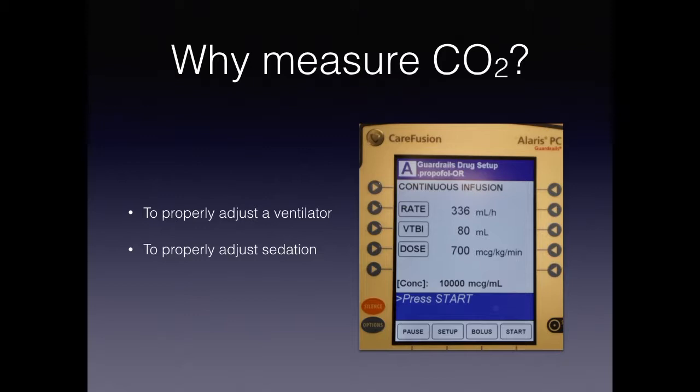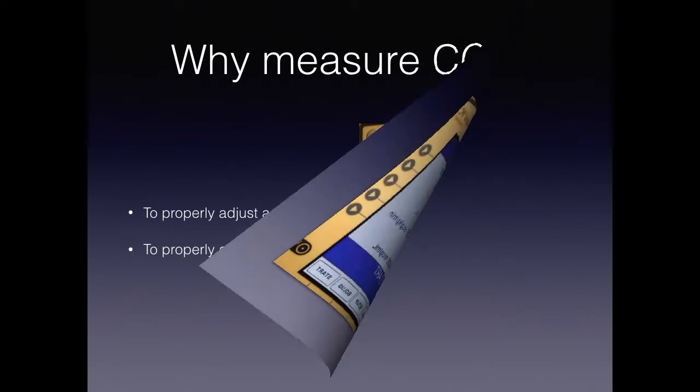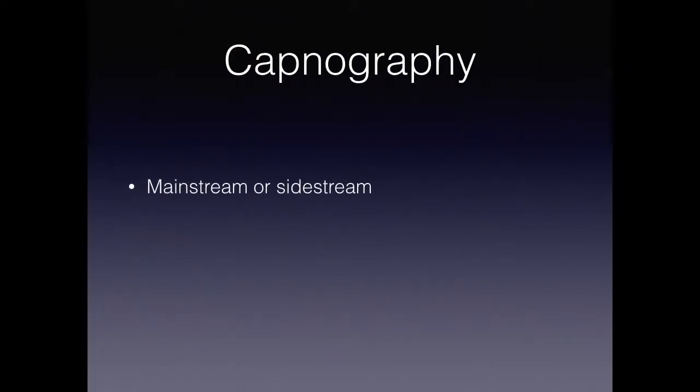We want to know where to set a pump to give propofol, remifentanil, various agents like that. And CO2 is really an important way of looking into what the effects of these drugs are on the central nervous system. Okay, so what do we need to know about capnography?